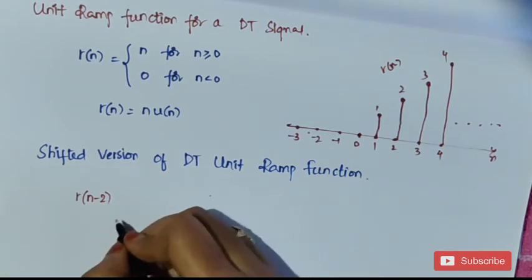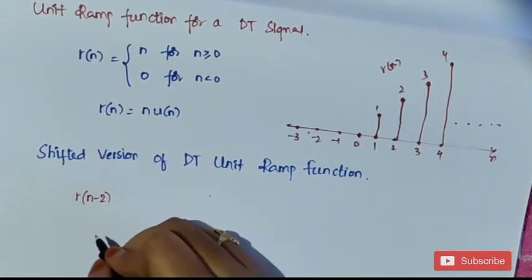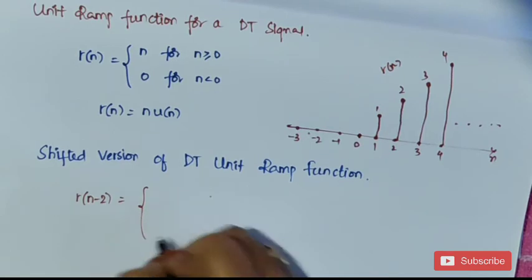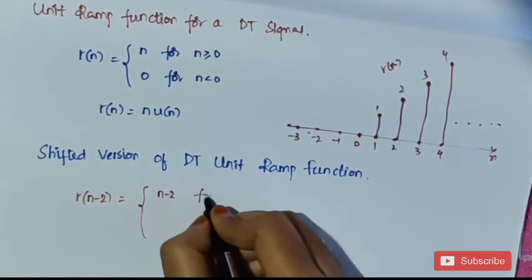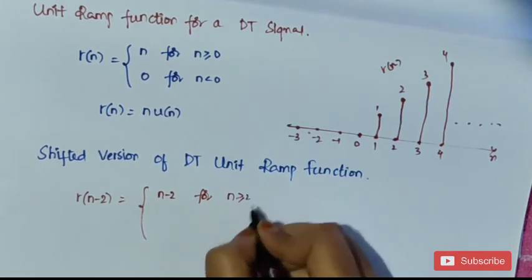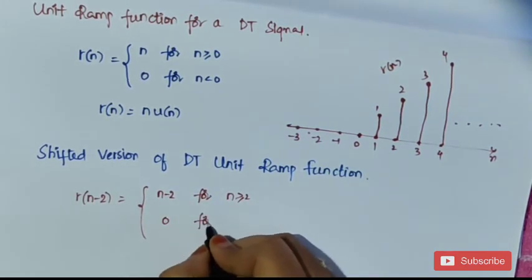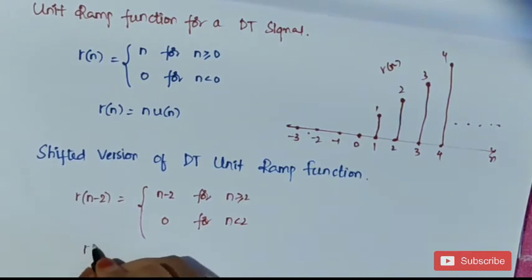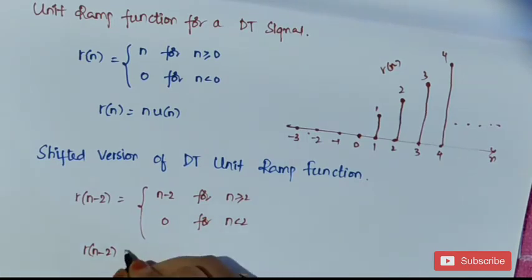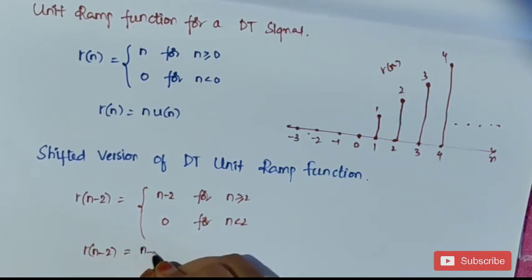This is an example of the shifted version of the discrete time unit ramp function. R of n minus 2 is equal to n minus 2 for n greater than or equal to 2, and 0 for n less than 2. So we can write the relation for the shifted unit ramp function and shifted unit step function as R of n minus 2 is equal to n minus 2 into u of n minus 2.